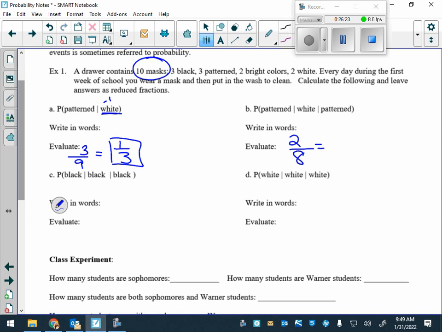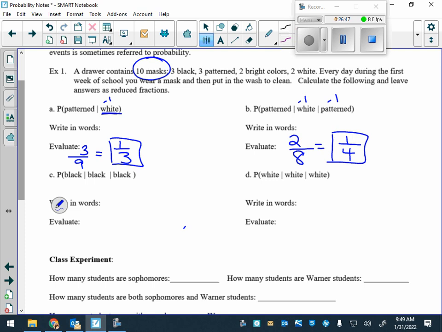So 2 out of 8, which is 1/4. Basically you chose a white first, then a pattern, then your last pattern. So you're getting rid of 1, and another 1. These are your first 2 events, and then your pattern happened last. Are we okay?